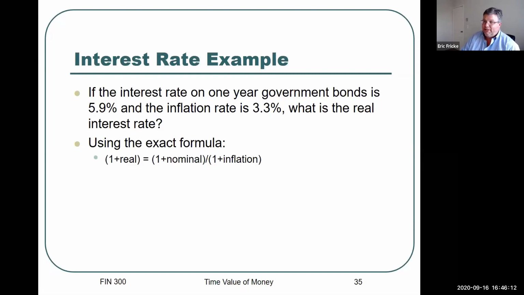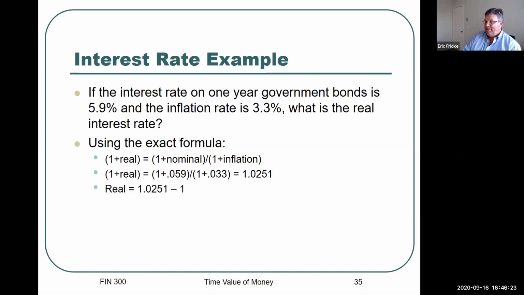Using the exact formula, the same equation as before, it turns out like this, and that means the real interest rate is 2.51%. We were pretty happy getting a 5.9% return, but because inflation was so high over the year, our purchasing power only increased by 2.51%. That's what that's telling us.